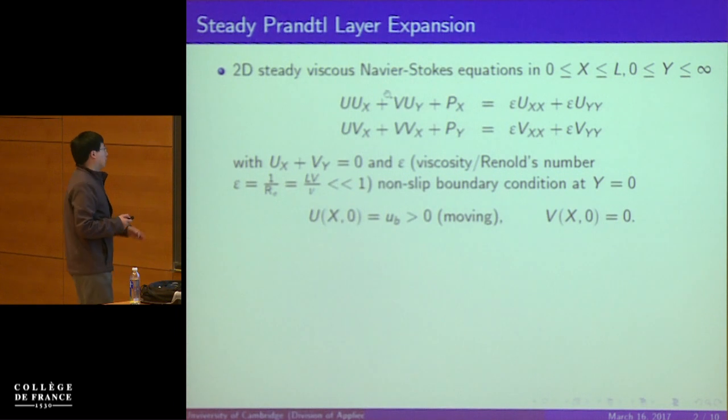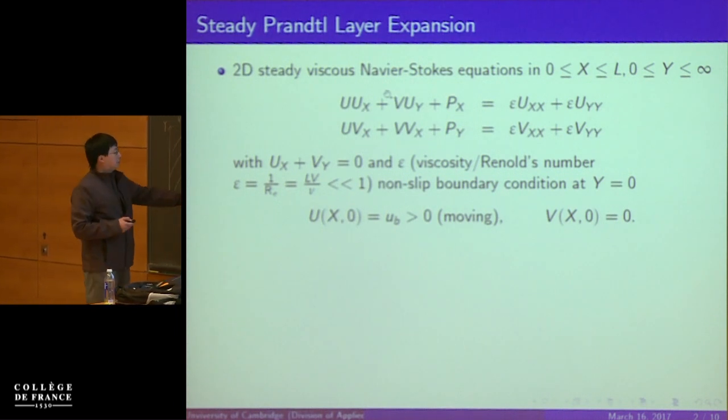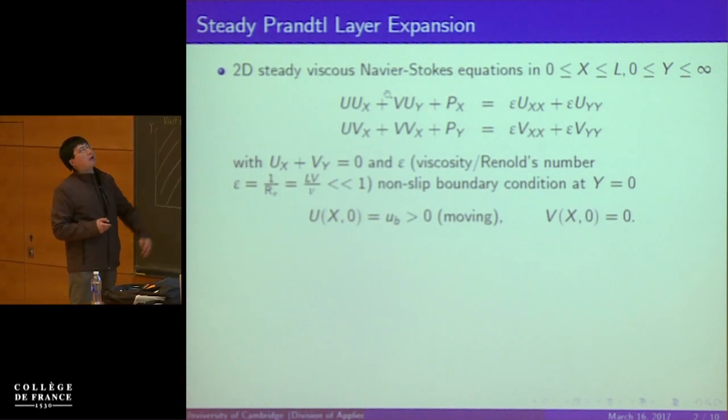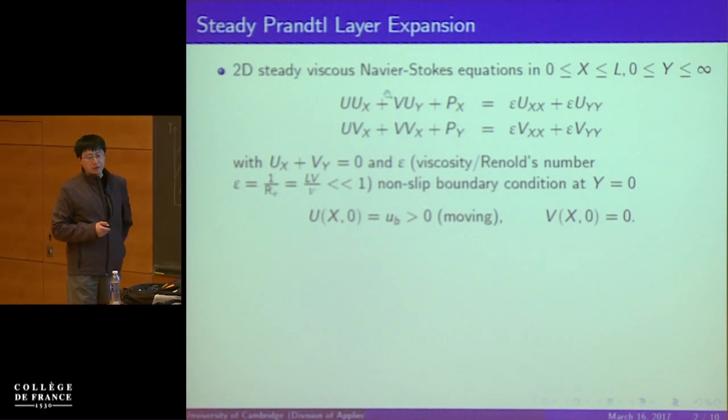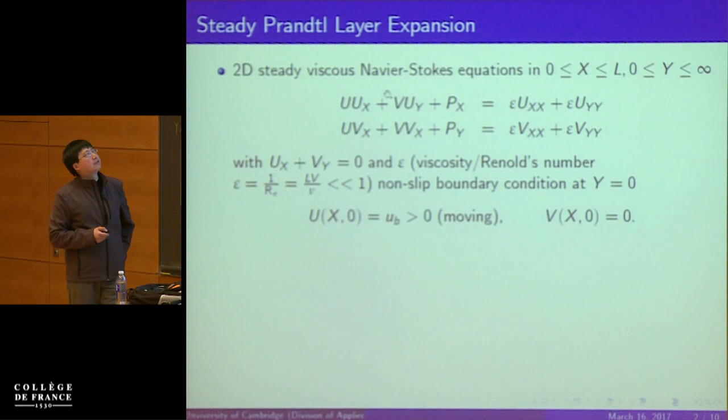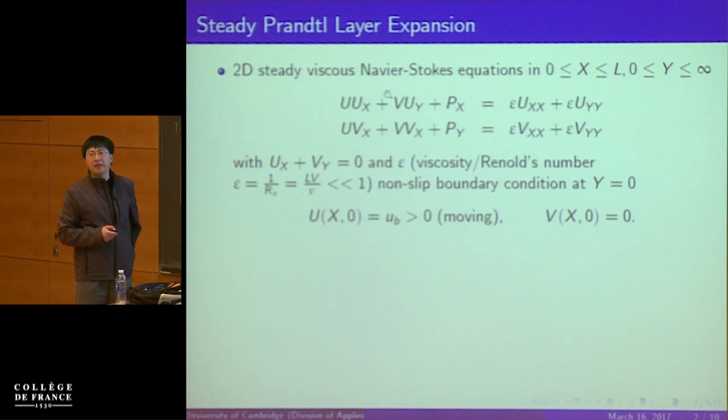So here let's assume on the bottom boundary, the boundary travels at a constant speed. We'll call it u sub b. Here, this is bigger than 0. And then we also assume that v is equal to 0.